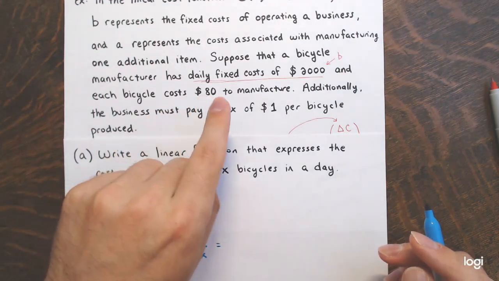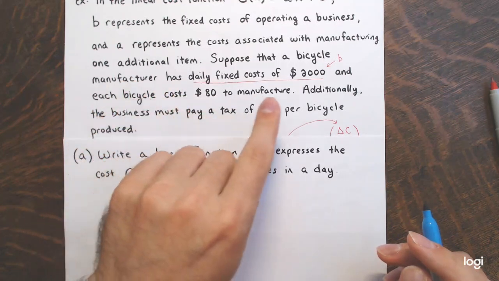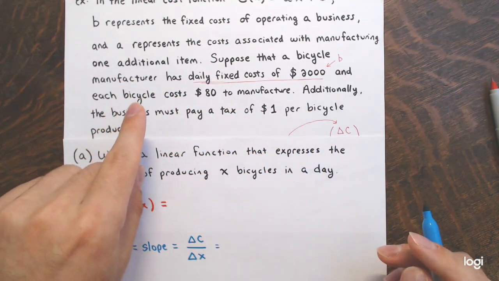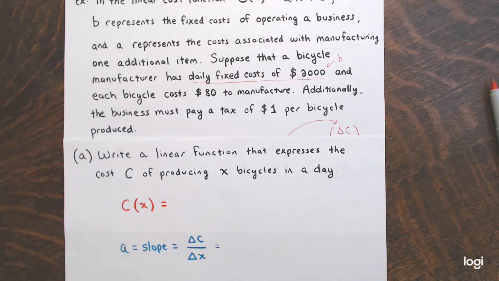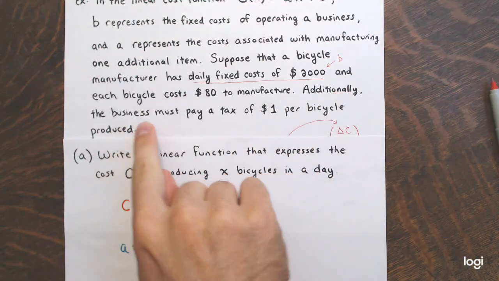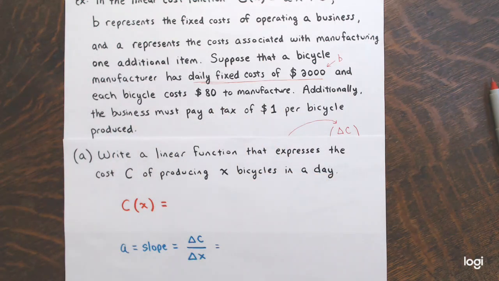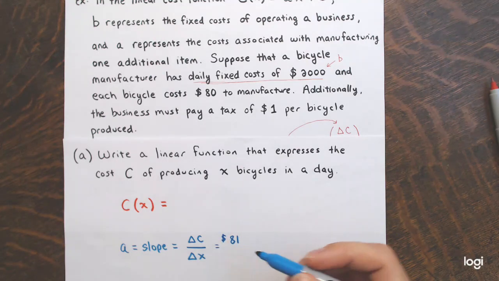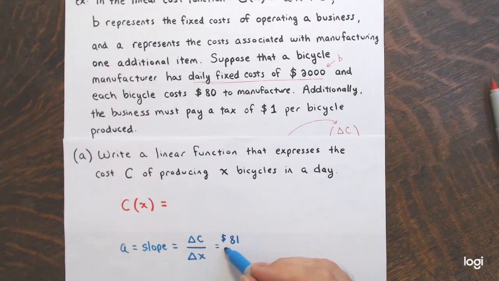Well, looking back through the problem, look at these last couple sentences. I talked about how it costs $80 to manufacture a bicycle, but on top of that, they must pay $1 in tax for each bicycle they produce. So it costs them $81, right? The $80 plus the $1 of tax to produce one bicycle.